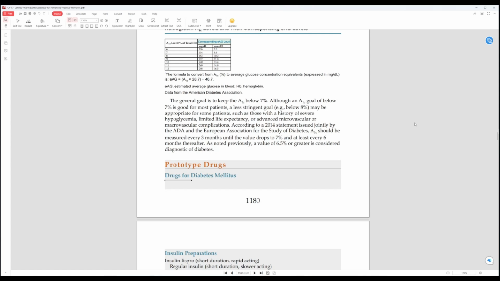According to a 2014 statement issued jointly by the ADA and the European Association for the Study of Diabetes, A1C should be measured every 3 months until the value drops to 7%, and at least every 6 months thereafter. As noted previously, a value of 6.5% or greater is considered diagnostic of diabetes.